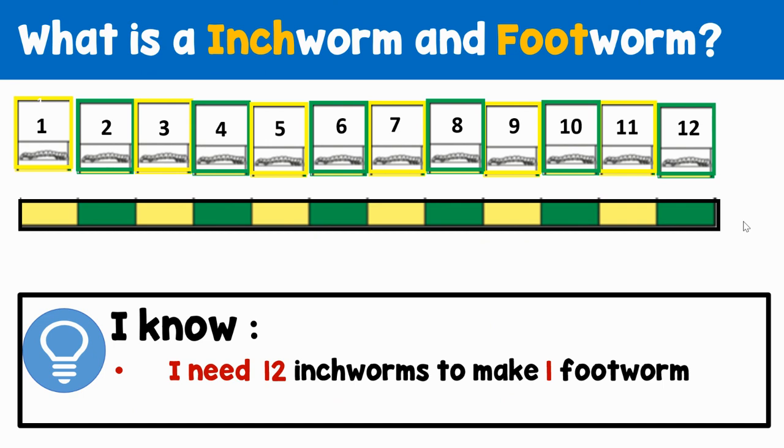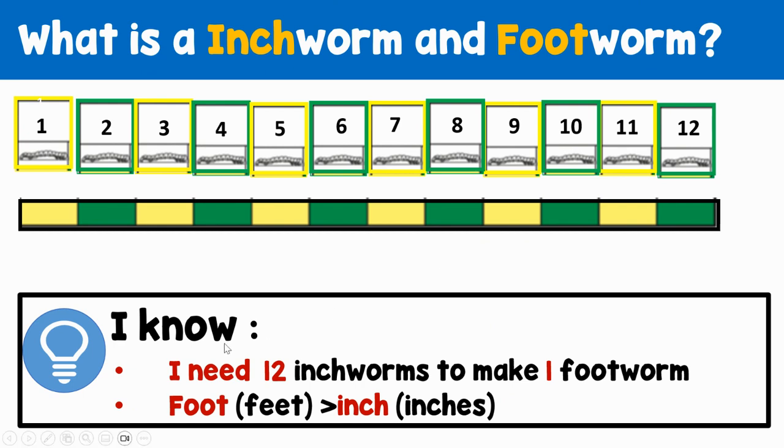There are 12 inchworms and one footworm. Foot or feet are greater than inches. It takes 12 inches to make 1 foot.